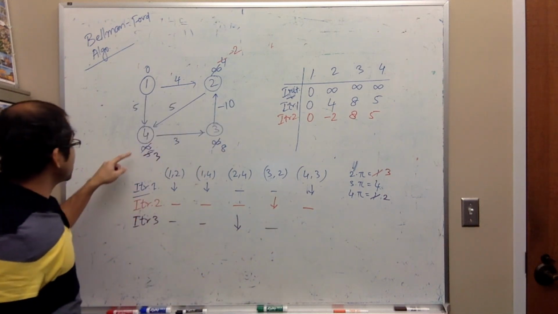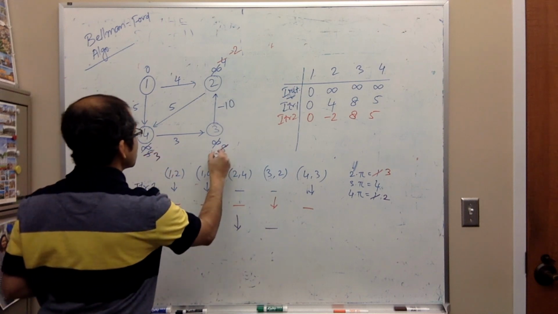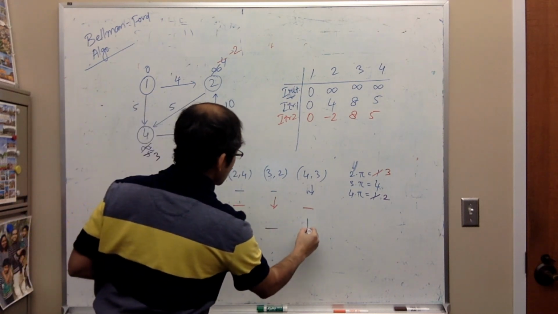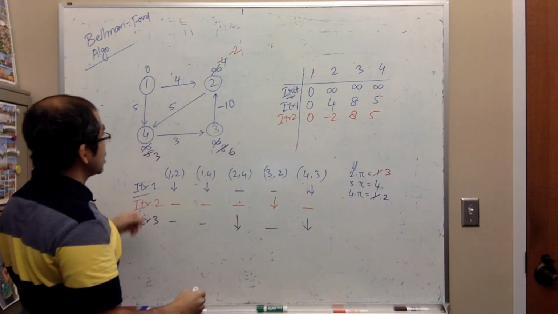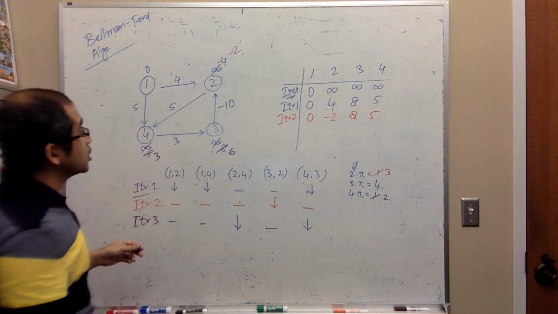But 4 to 3 changed: 3 plus 3, 6. So this reduced. You see 4 to 3 reduced. So 3's new distance estimate is 6.